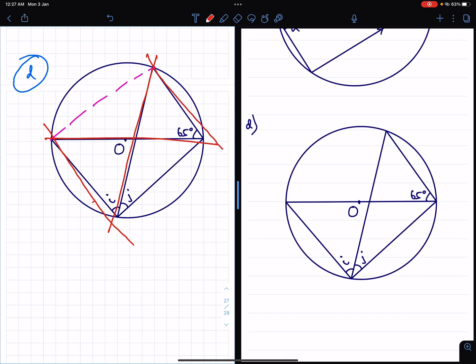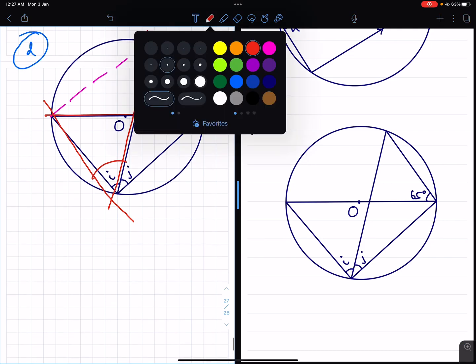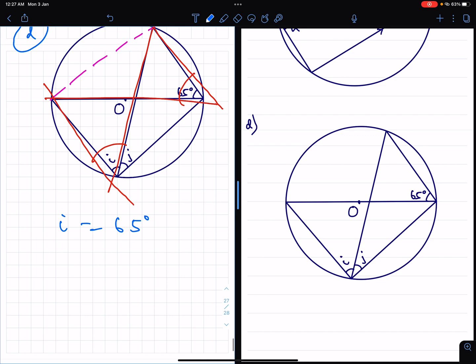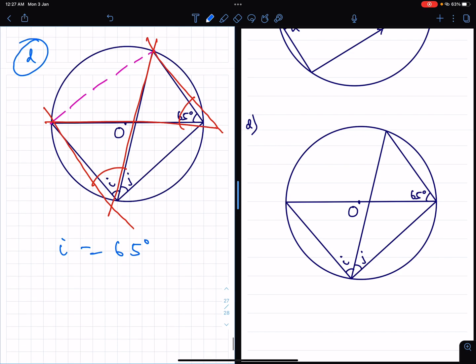That simply means the angles between those pairs of lines are the same. So first of all, angle I is equal to 65 degrees. The reason is that they are angles in the same segment.